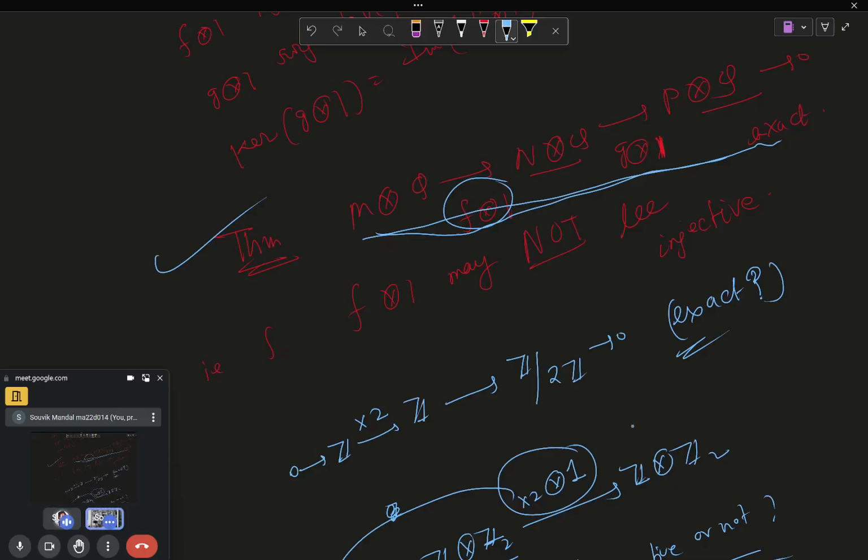Yes, this is an example of that. So that's all for the tensor product actually.